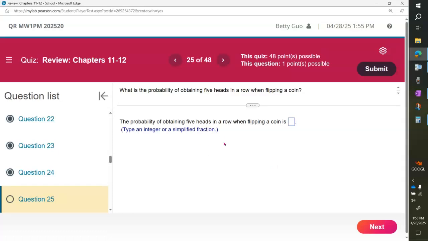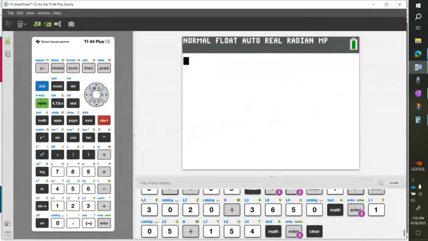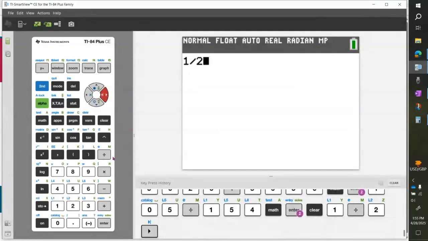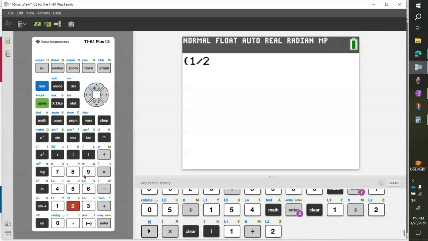The probability of obtaining 5 heads in a row, as a fraction or decimal. The first time getting a head is 1/2, times, I use parentheses to show you, the first time getting a head, 1 over 2. The second time getting a head, 1 over 2.